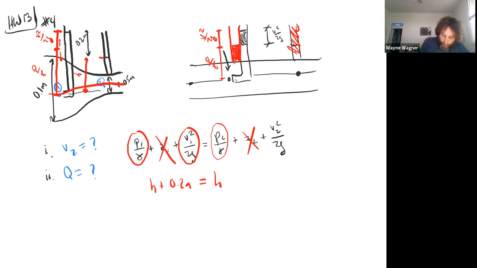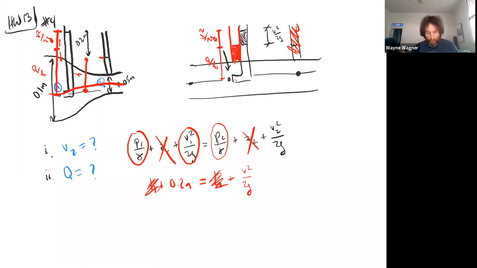And then we have V squared on 2G. And so what ends up happening is, I guess you were exactly correct with your first guess, these H's go away. I'm left with V squared on 2G equals 0.2 meters. So we can solve that pretty easily.